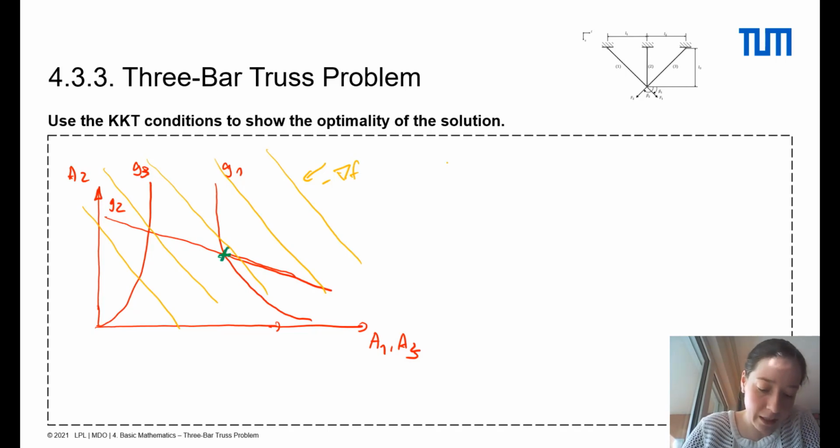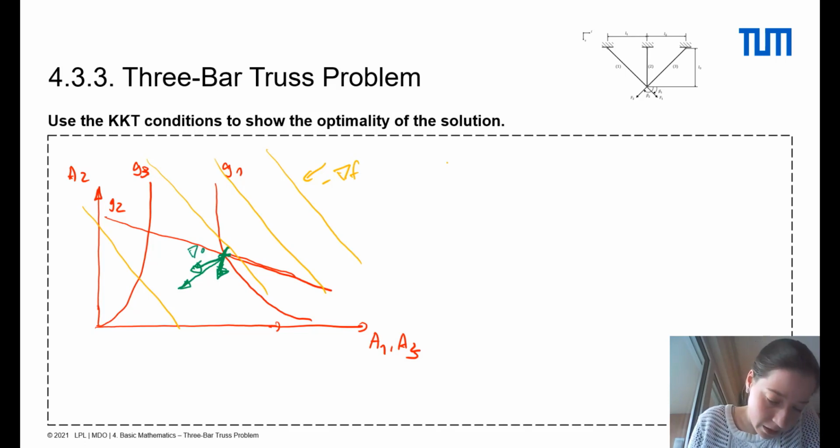And now we look at our optimal solution here, and we have our gradient of g1, so the gradient is orthogonal here, and we have our gradient with respect to g2, g1 and g2, and this together gives us our minus gradient f.